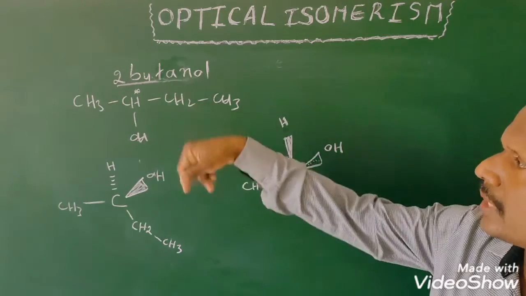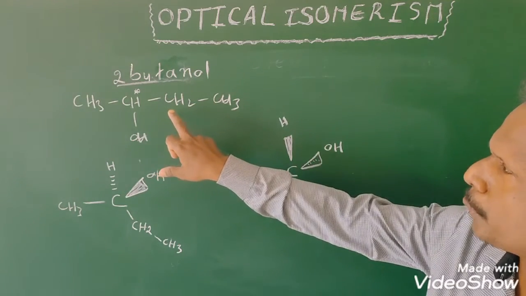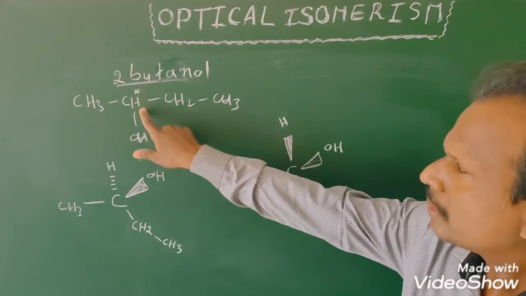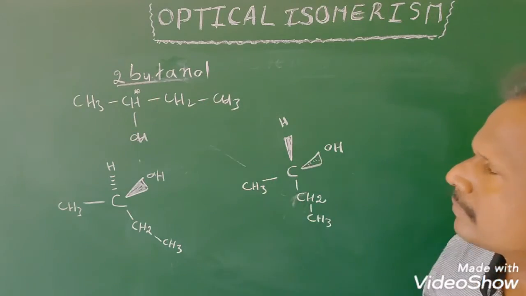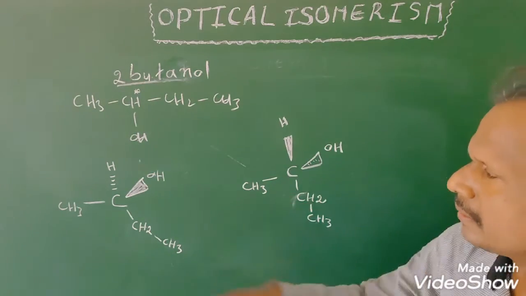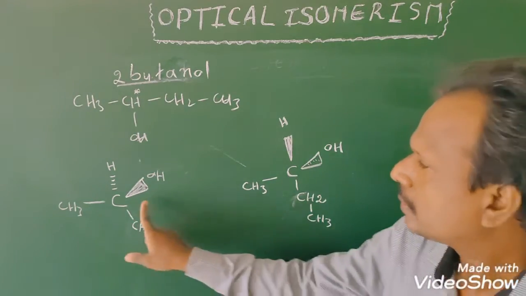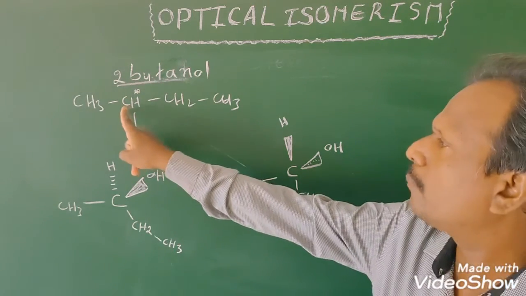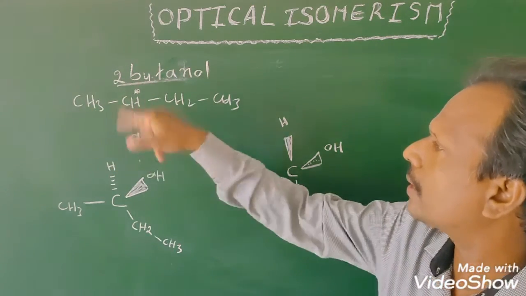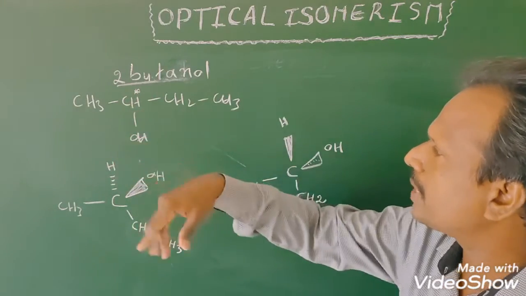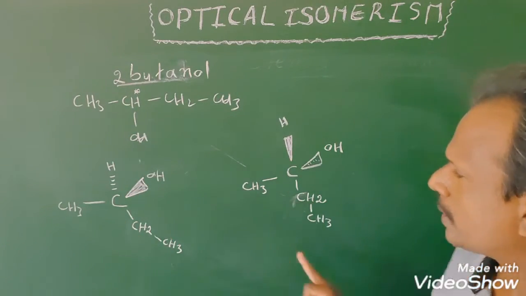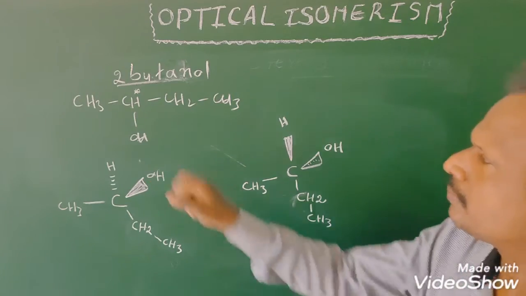It is the structural formula of 2-butanol, having a stereogenic center, a chiral carbon. It exists in two isomers known as optical isomers. An organic compound having a chiral carbon exists in stereoisomers known as optical isomers.